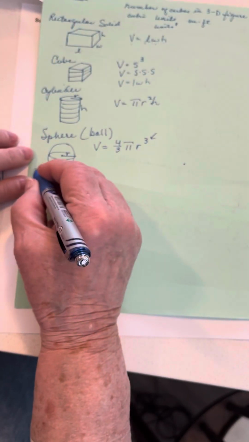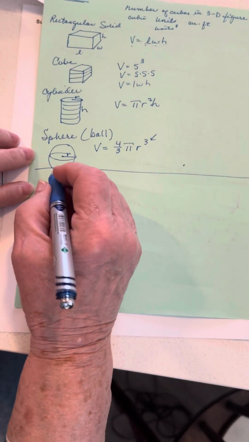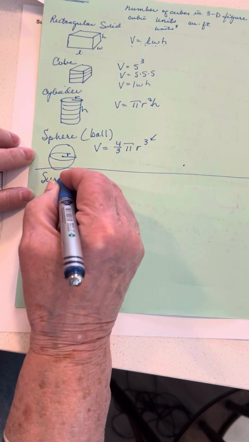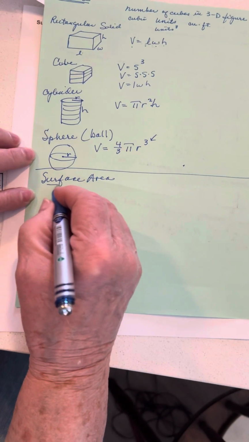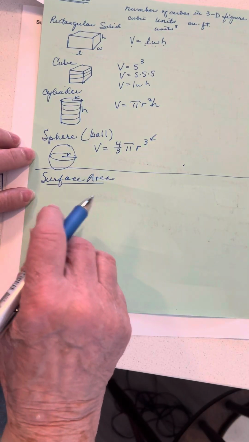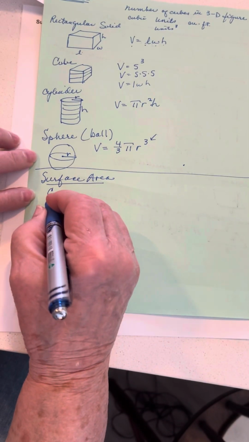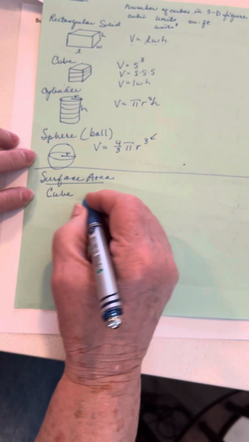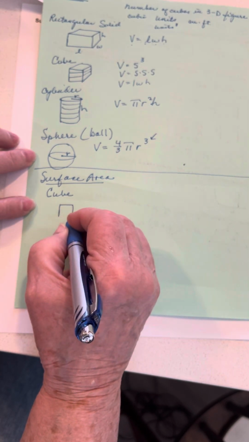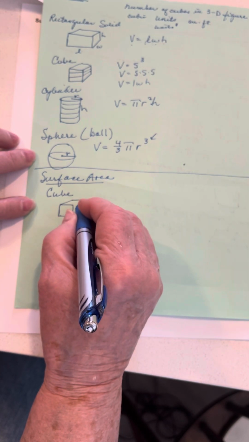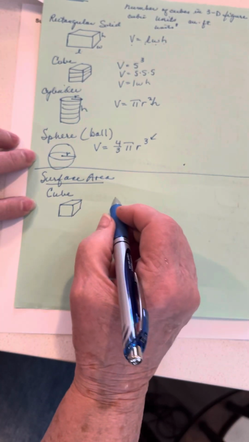So I'm now going to start another section. This is going to be surface area. So if I'm asked on the test for the surface area of something, these are the formulas that I'm going to use. So we start with a cube. We know what that looks like when it's all put together. Looks like that.